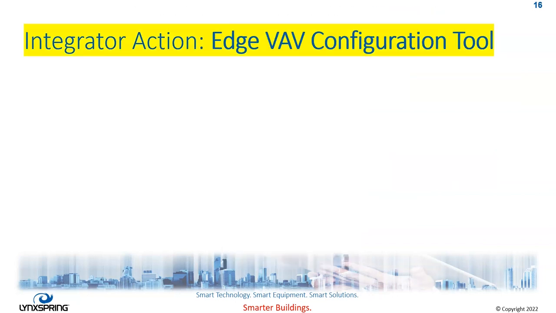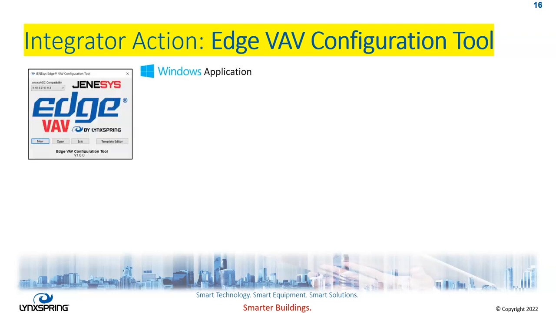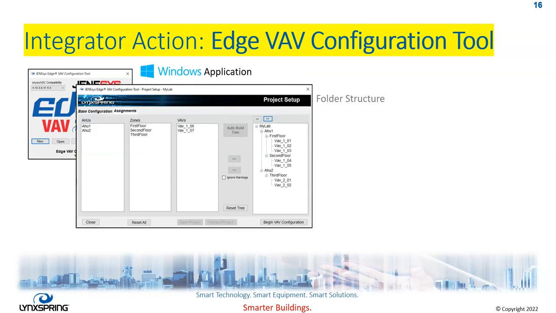Now, let's talk about the Edge VAV configuration tool. So new to version 2.1, the JENEsys Edge VAV configuration tool is a window-based application. Integrators can now use the tool to build their VAV configurations and export their data to a spreadsheet to import into the supervisor.